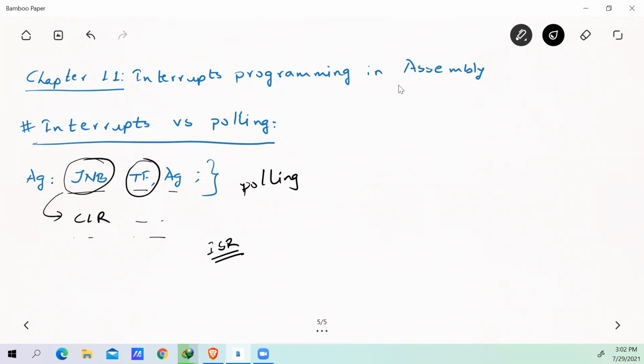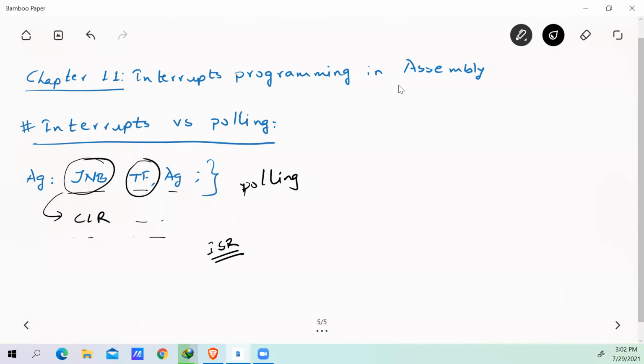The work of a microcontroller is controlling the devices that are connected to it. Assume 3 timers are connected to the microcontroller. Let's keep it simple. When you are running timer 1, and this is the instruction of timer 1, like JNB TF1, then AG, as long as this instruction is not finished, your microcontroller will keep on monitoring this timer 1.